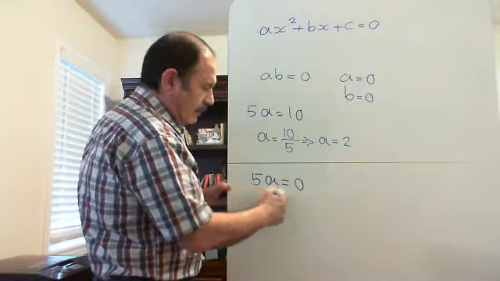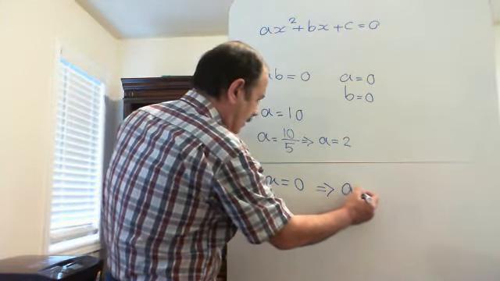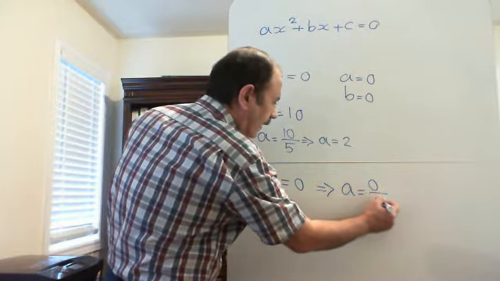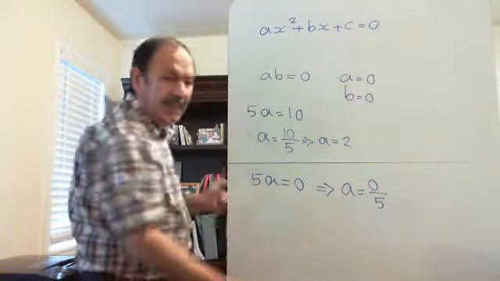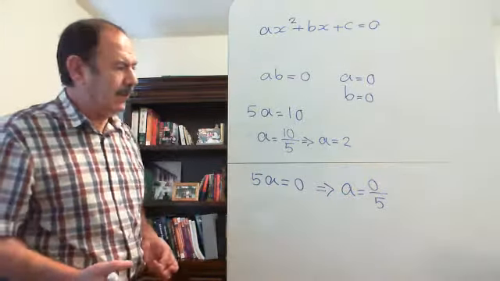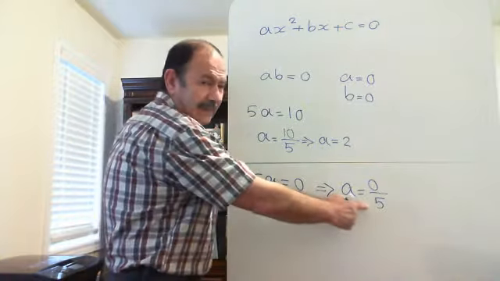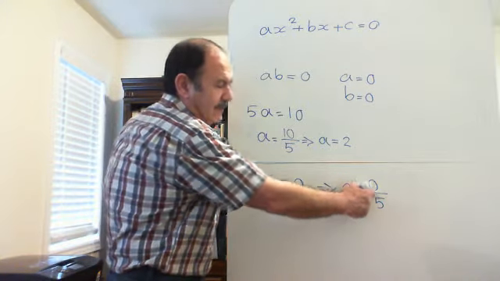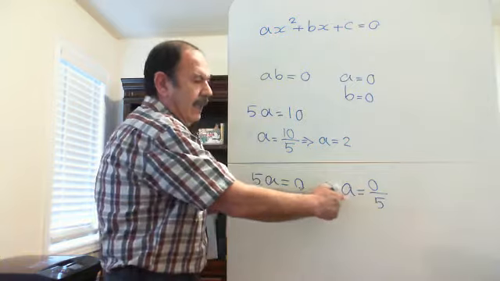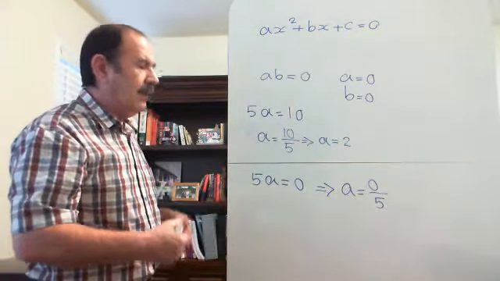If I divide both sides by 5, then a is equal to 0 over 5. 0 divided by any number is 0. So this 5 actually doesn't play any important role, because whatever the denominator is, a is going to be equal to 0. 0 divided by any number is going to be 0.